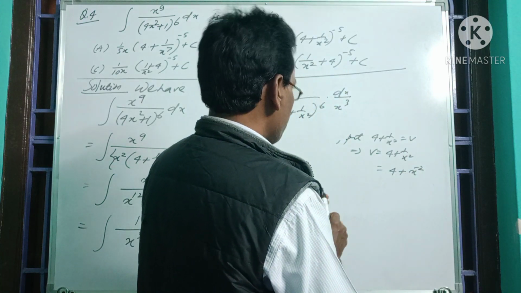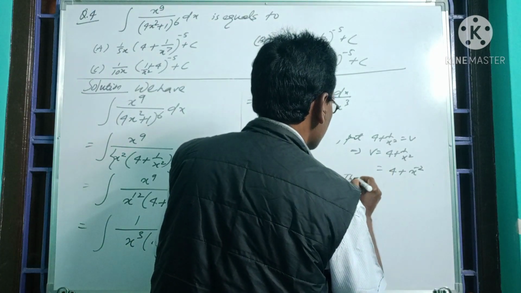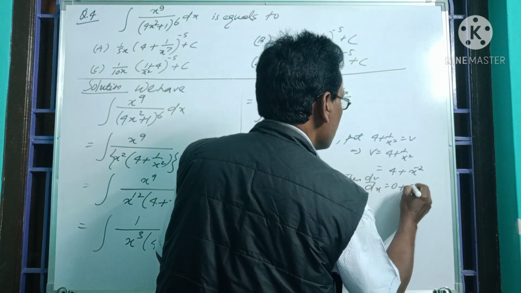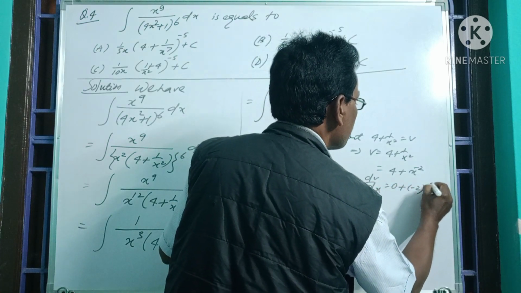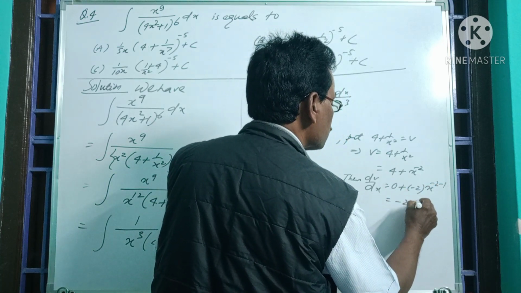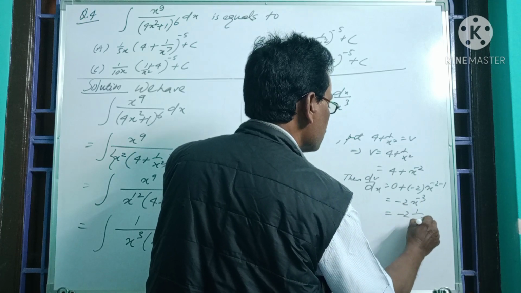Now v is a function of x. So differentiating v with respect to x, we have 0 plus minus 2 into x to the power minus 2 minus 1, that is, we have minus 2 into x to the power minus 3, that is, we have minus 2 into 1 by x to the power 3.